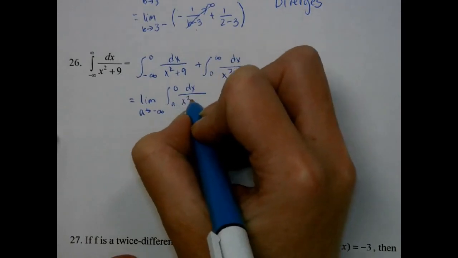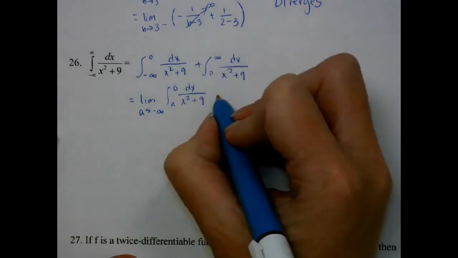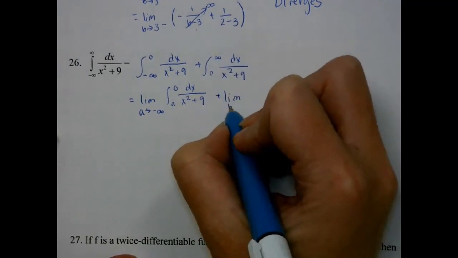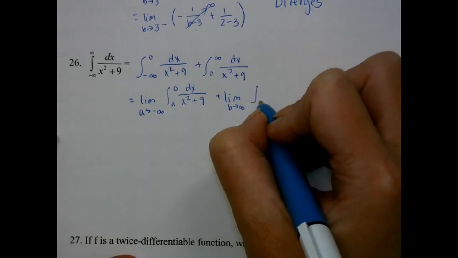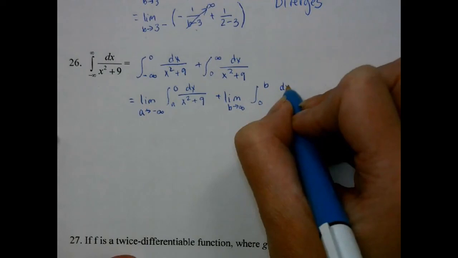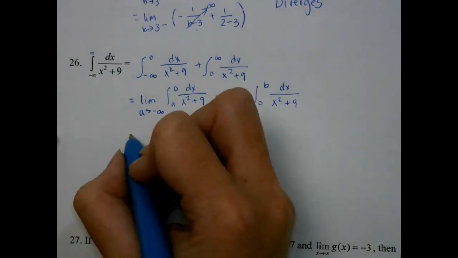Okay, so we'll replace the lower bound with a, we'll replace the upper bound with b. And then integrate.